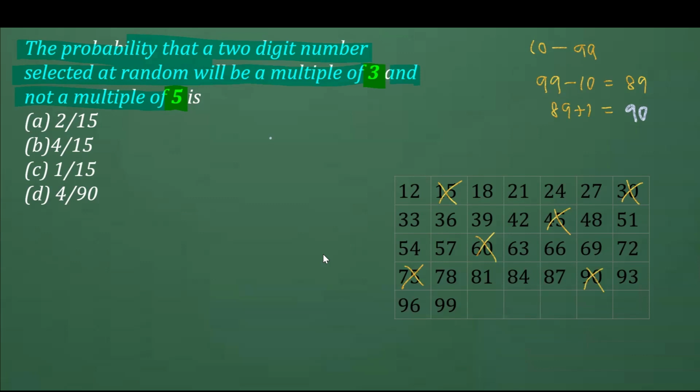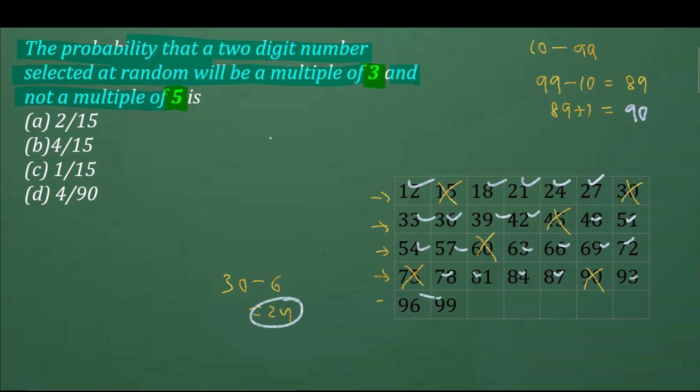So how many of them? 1, 2, 3, 4, 5, 6. Okay. So 30 minus 6, that is 24. So I mean to say that those which are multiples of 3 but not multiples of 5 are 24 of them. And you may count it.